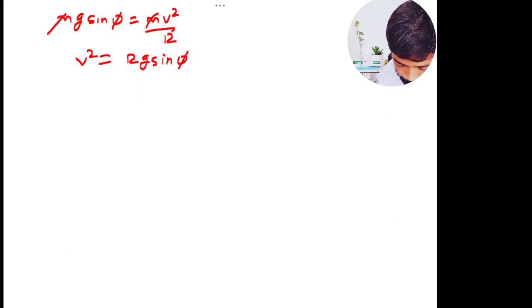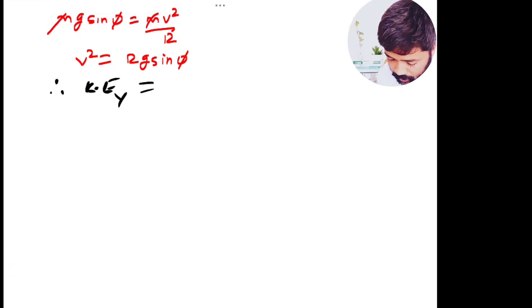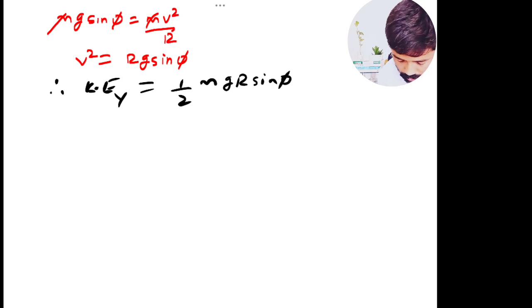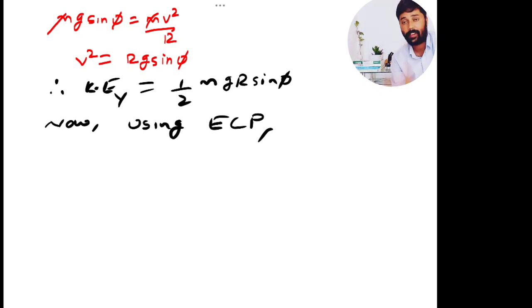Therefore, kinetic energy at point y is equal to half mv square, and v square is rg sin phi. Now, using the energy conservation principle, initial total energy is equal to final total energy.